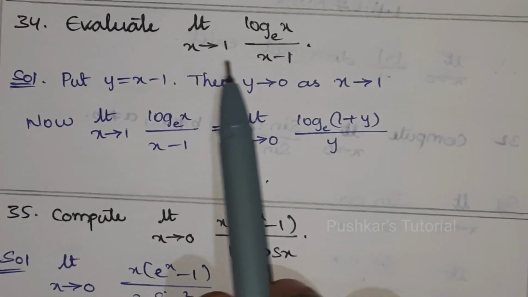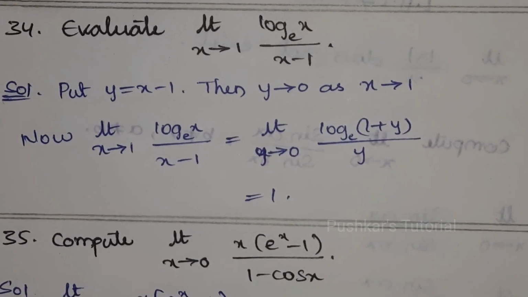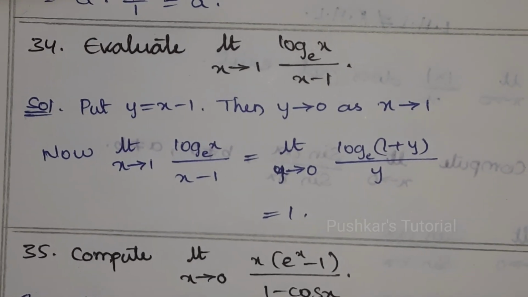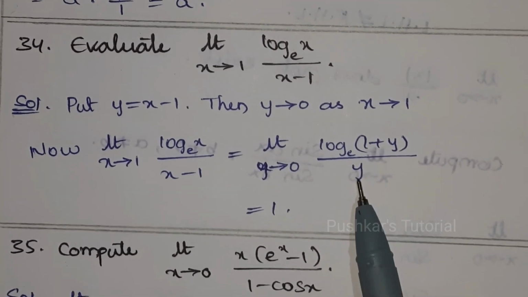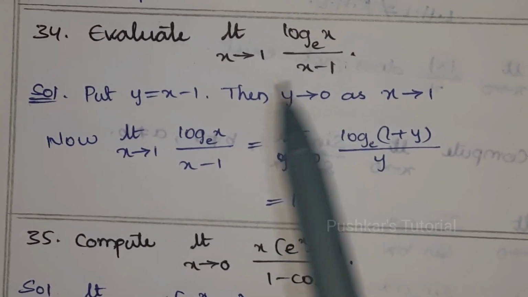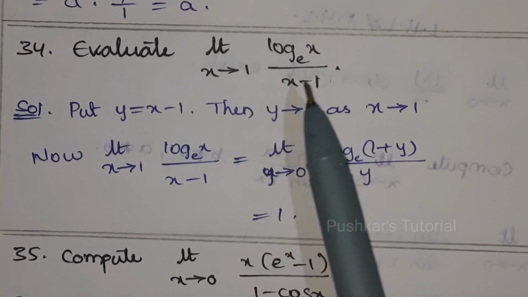Next, limit x tends to 1, log x by x minus 1. So here, the logarithm formula is log of 1 plus y by y, so the denominator I am taking totally as y.